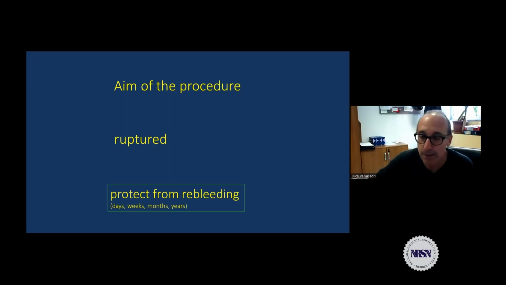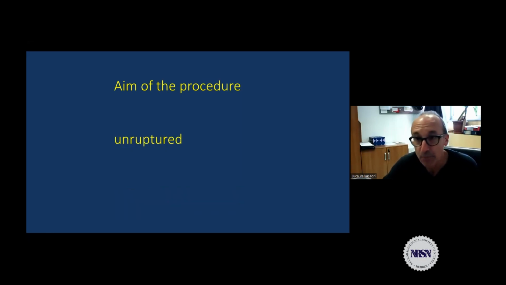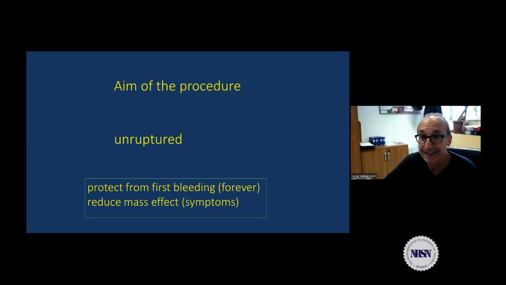Then once the patient is out of the acute phase, then we can talk about how we can manage better compared to what we did in the acute phase. It is different from the unruptured. The unruptured aneurysm needs protection from the first bleeding. So we have to protect it forever, hopefully.